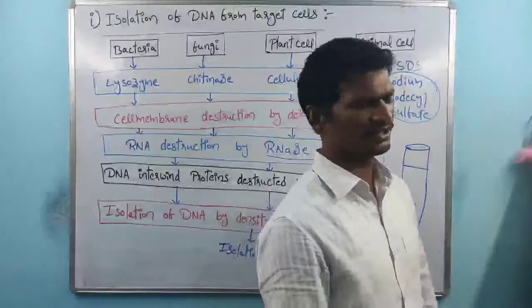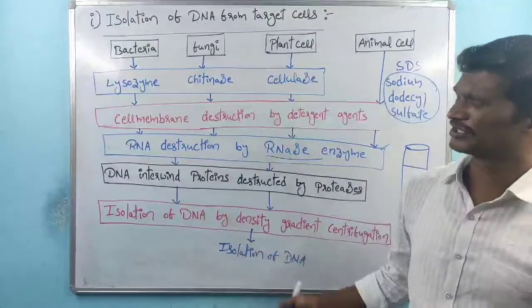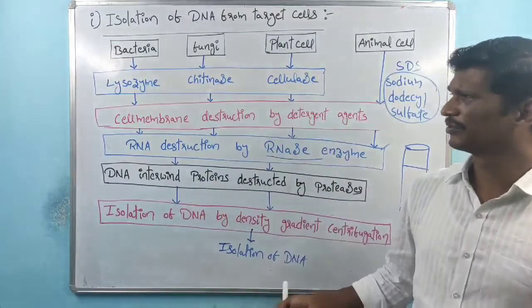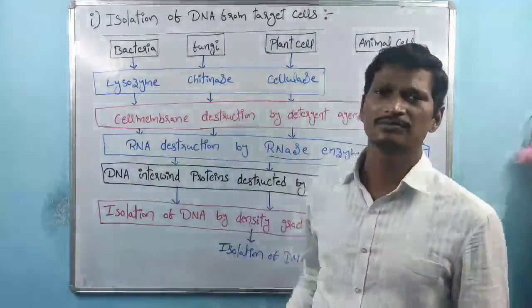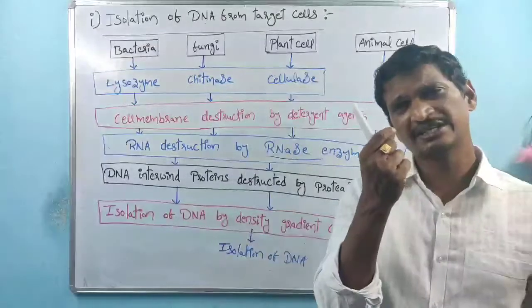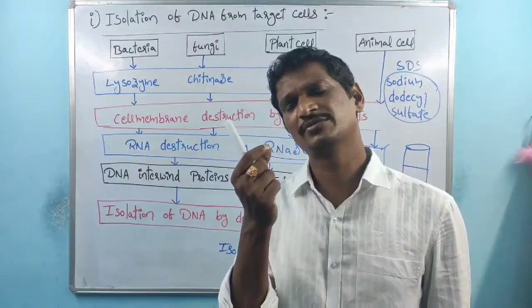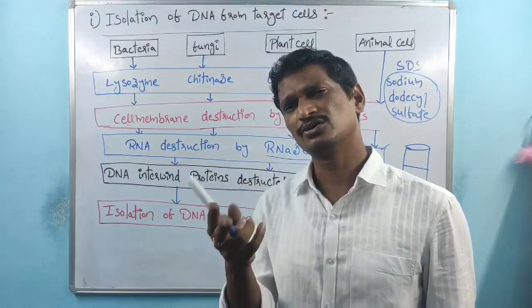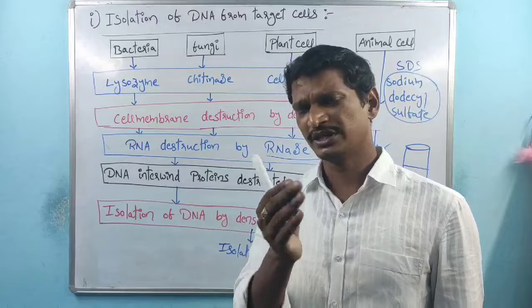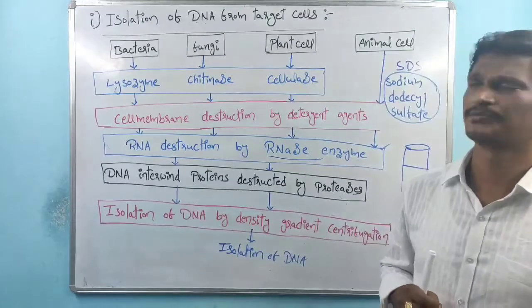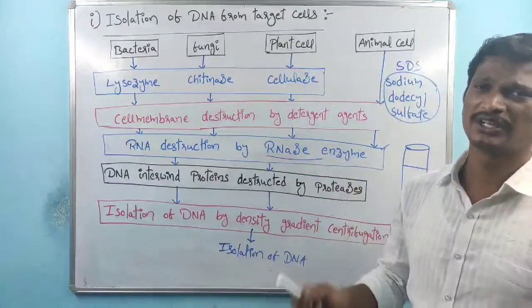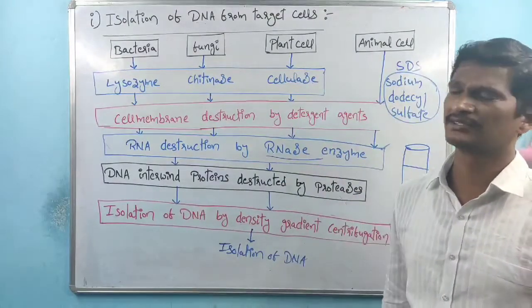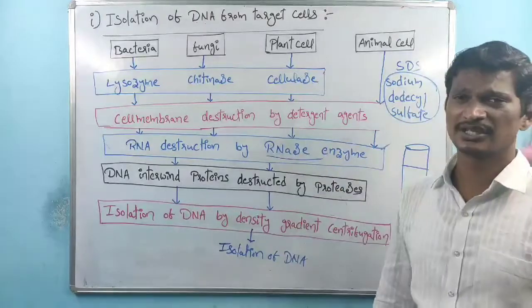That is a very simple concept to understand. Bacteria contain a cell wall, and tears also produce the lysozyme enzyme, which cleaves the bacterial cell wall. That is one of the defense systems. For fungi, we know about chitinase, which cleaves chitin. For plant cells, cellulose.